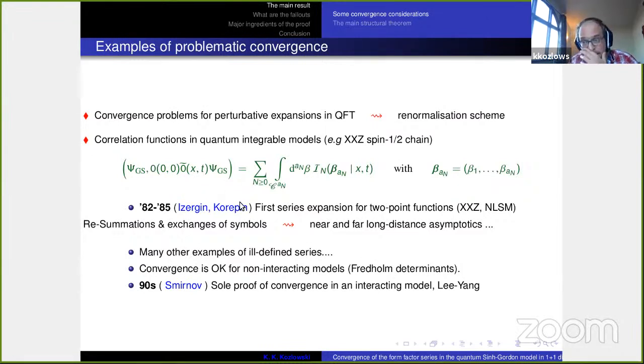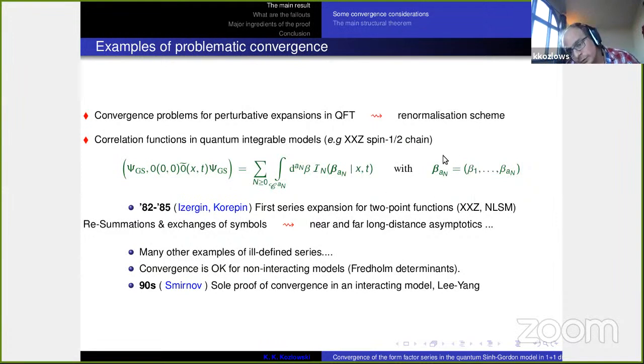Integrability techniques, as pioneered since the mid-80s in the early works of Izergin and Korepin, allow you to express such correlation functions as a series of multiple integrals: a series where the n-th summand is some a_n-fold integral, a_n being some sequence which goes to infinity with n. Typically you have a_n equal to n, with an integrand which is quite explicit, but usually couples all the integration variables in a relatively intricate way, and depends parametrically on x and t.